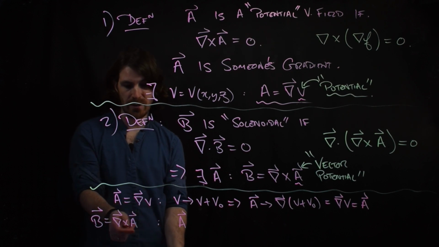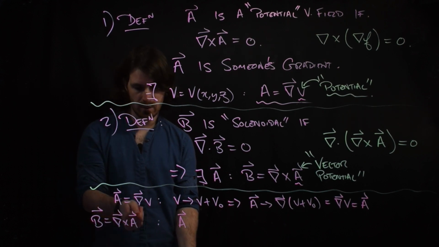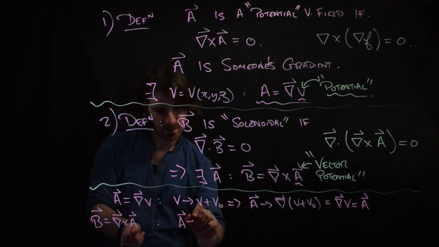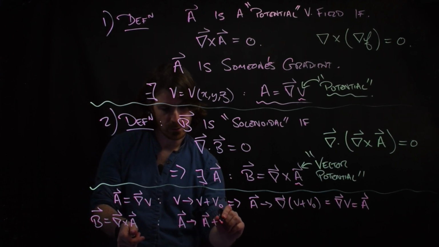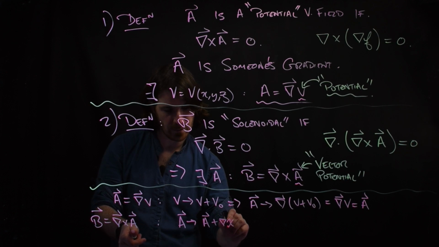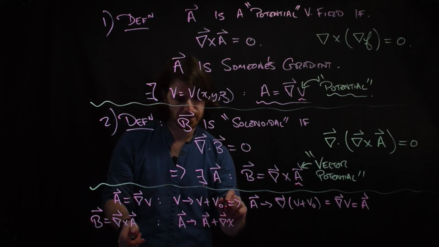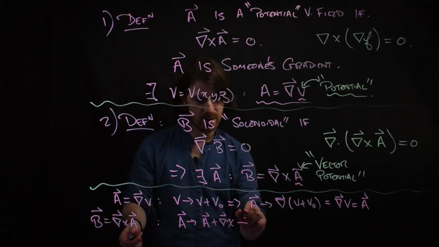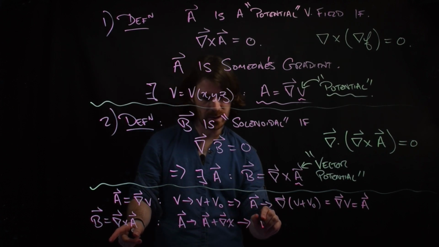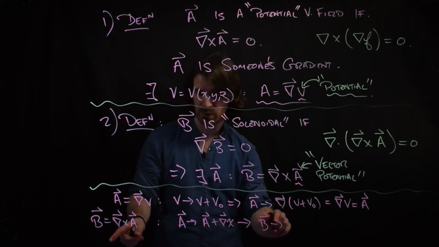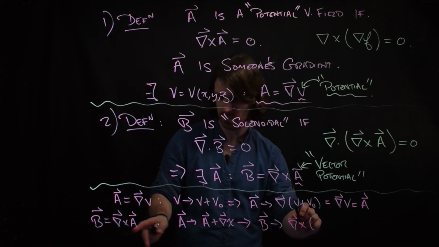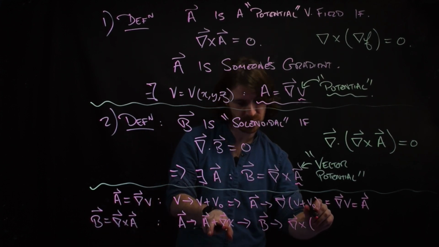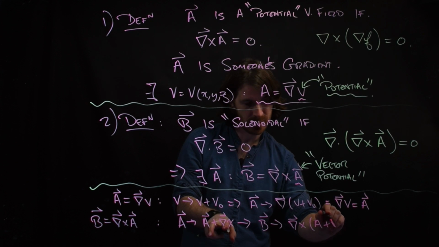Here there's an A whose curl gives us B. But this A is not unique, because if we add to A the gradient of some scalar function, let's call it chi, then B goes to the curl of A plus the gradient of the scalar field.